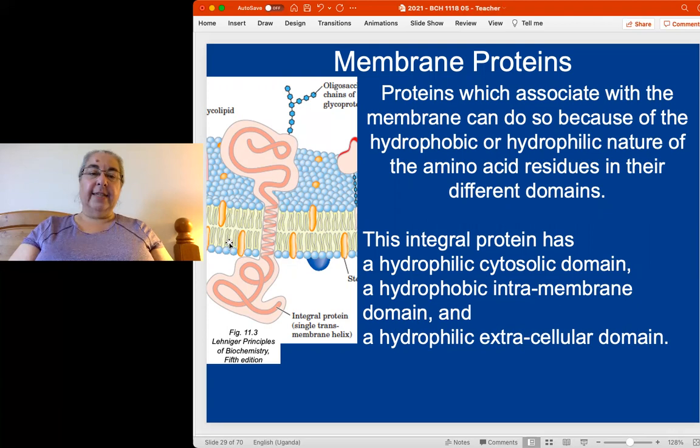The fatty acid tails of the phospholipids make the inside of a membrane a hydrophobic, water-free environment.